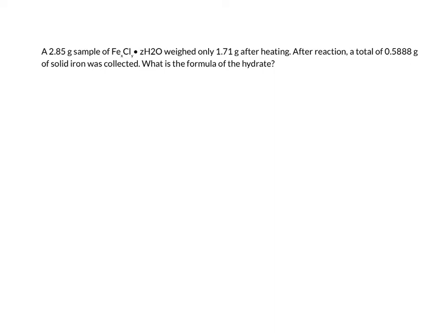In this lab video, I'm going to go over a practice problem of how to find an empirical formula. A couple of notes to remember before we work on this specific problem. To find an empirical formula, you have to memorize a few steps.